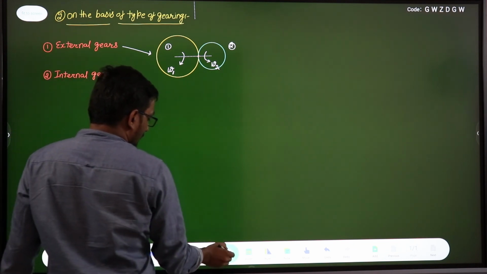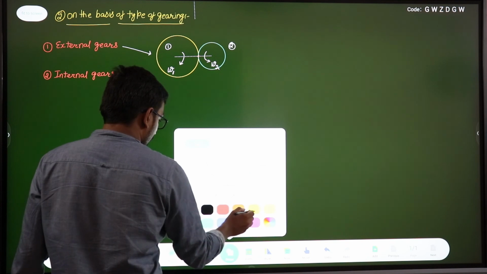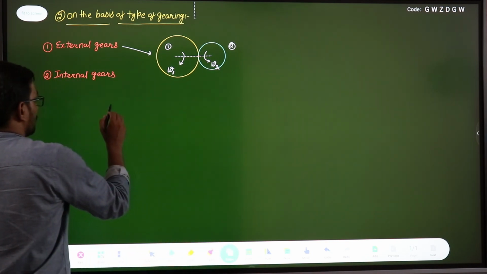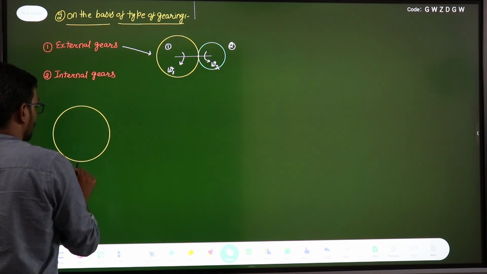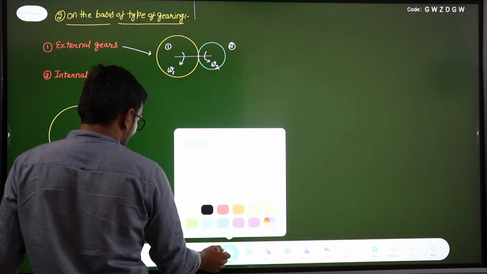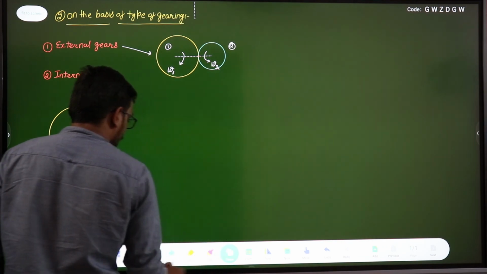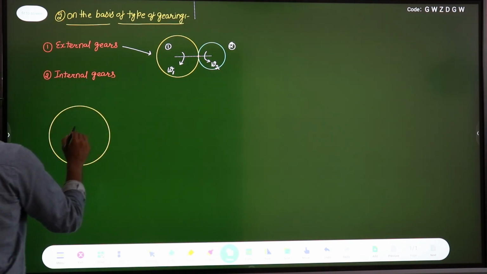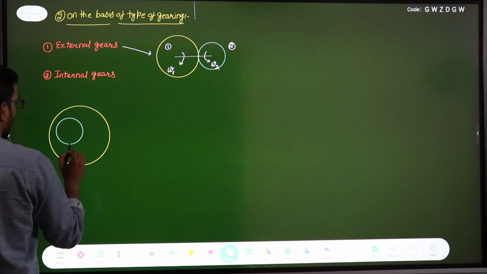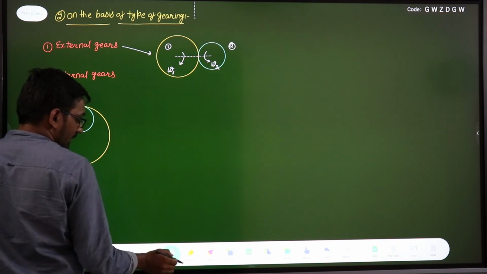Now if we talk about the internal gearing, like this, suppose this is your gear 1, and inside this, let us say we have another gear 2. This is in contact with this gear 1 like this, right?